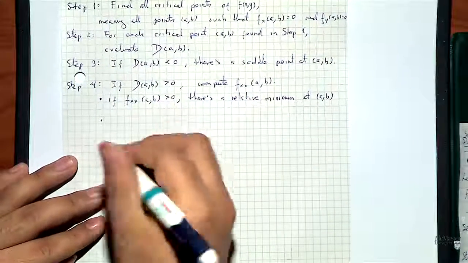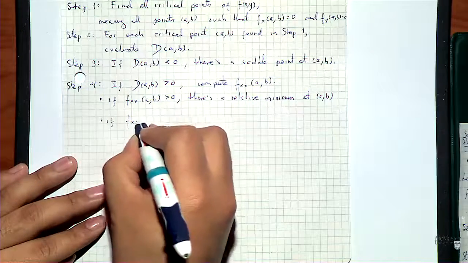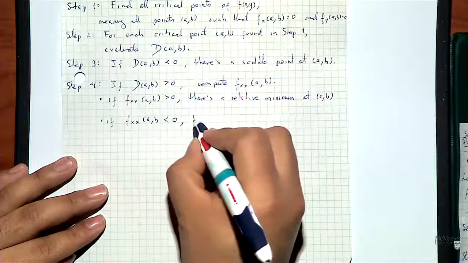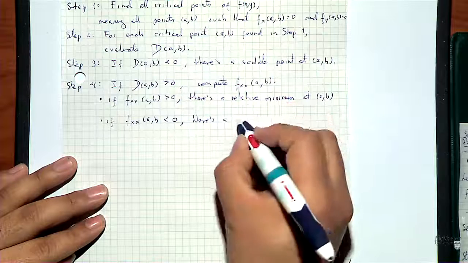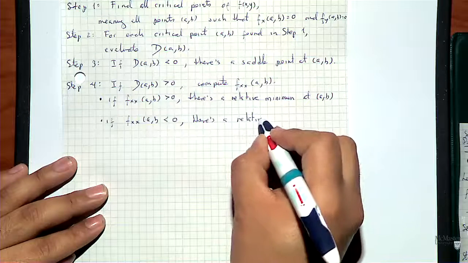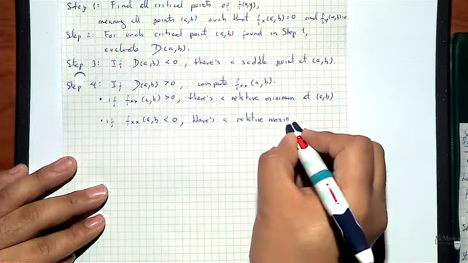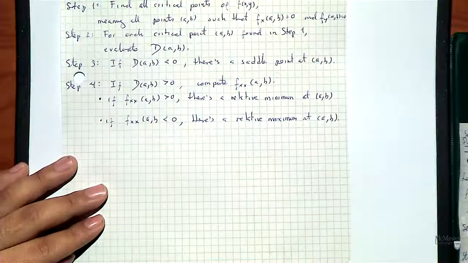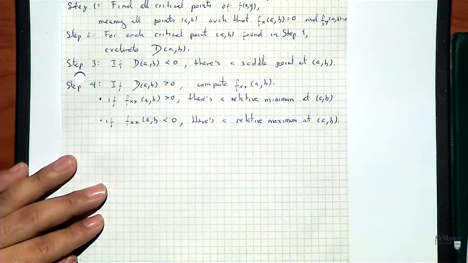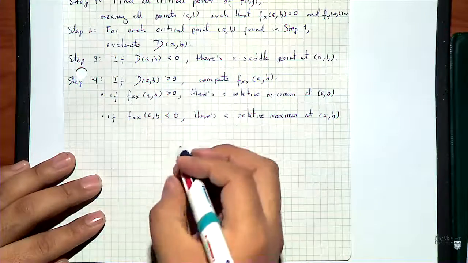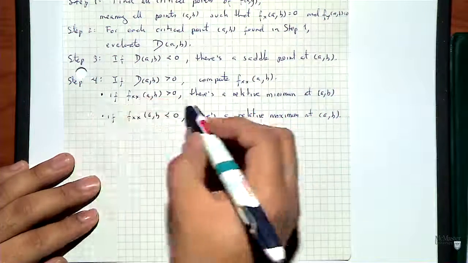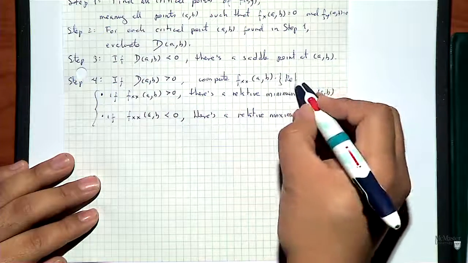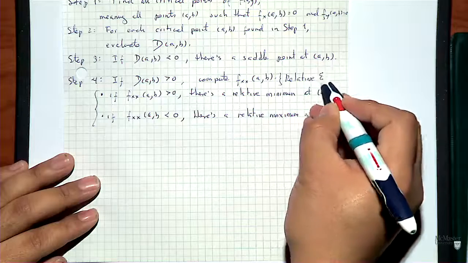And if f_xx at (a, b) is less than 0, there is a relative maximum at (a, b). And actually, if you think about it, both cases are related to this: you have a relative extremum.